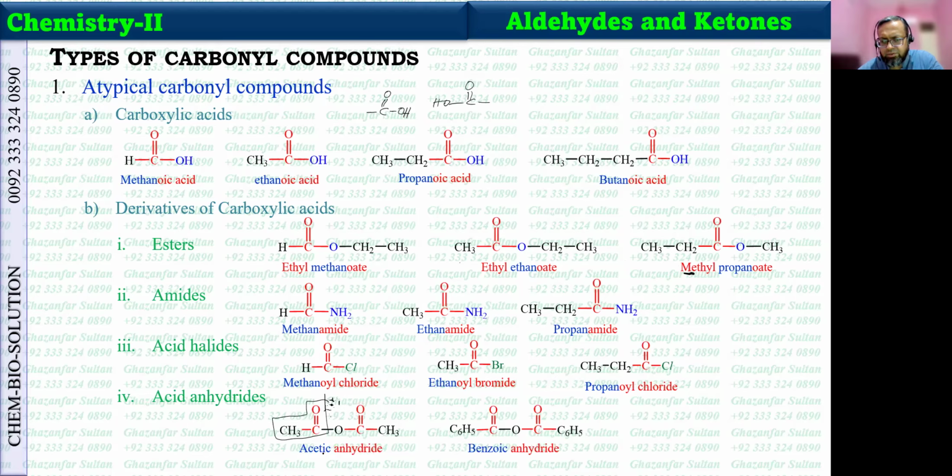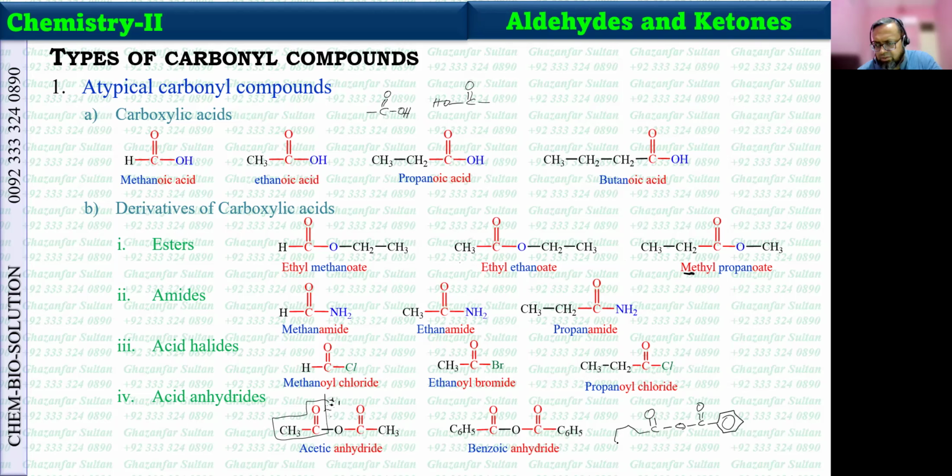So as it is acidic anhydride, this is benzoic anhydride because a benzene ring is associated there. The C6H5, you may write it like this. Sorry, this is not carbon, this is oxygen. And at both ends, a benzene ring is there.